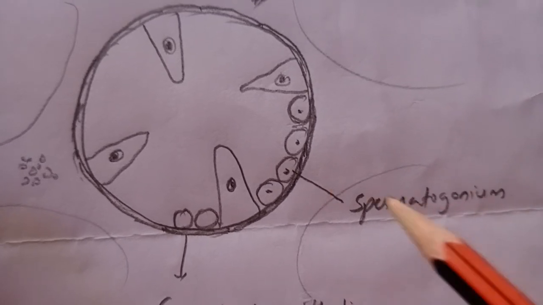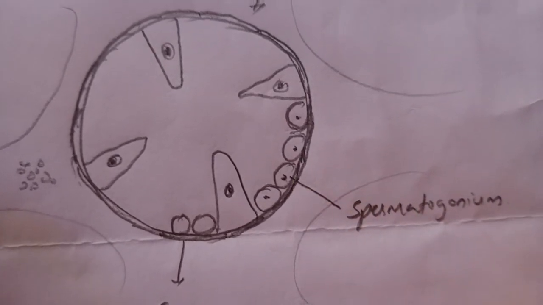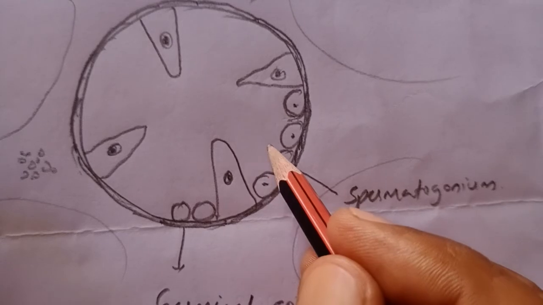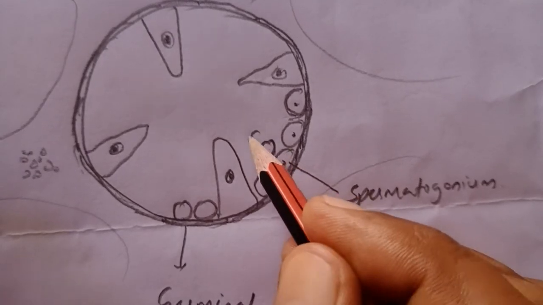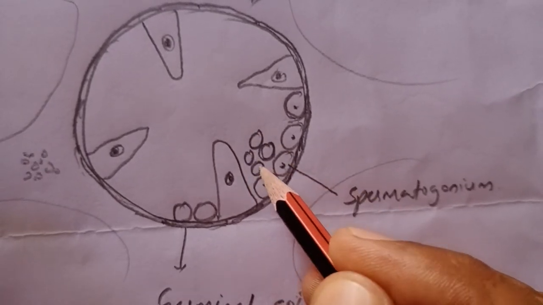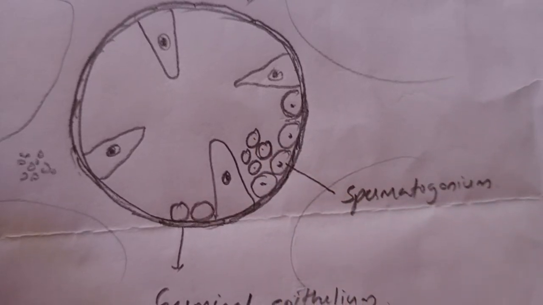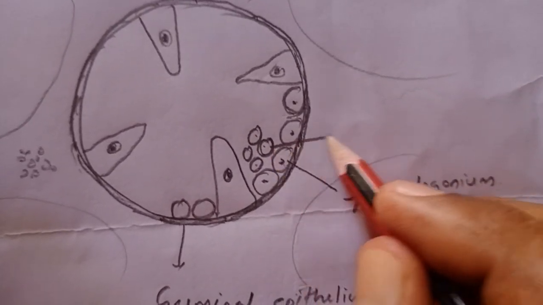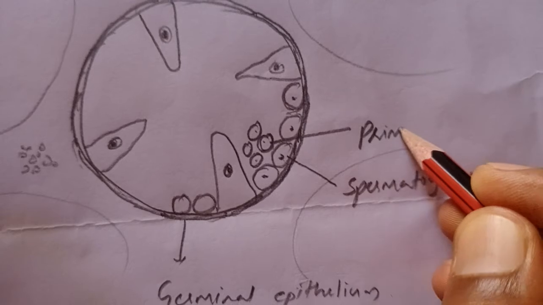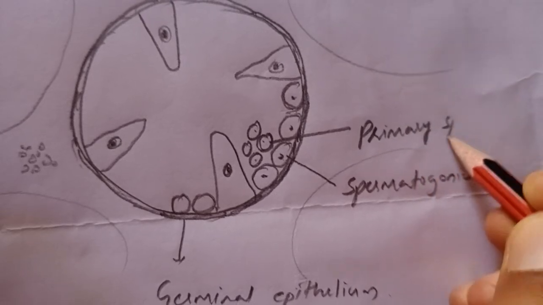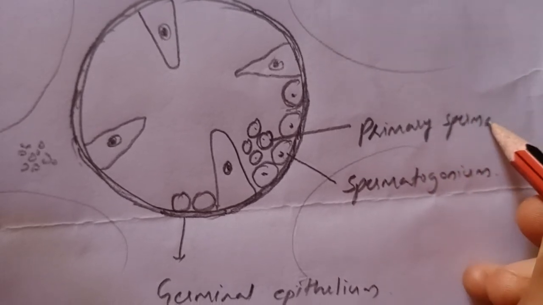This spermatogonium again divides to produce cells which are called primary spermatocytes.